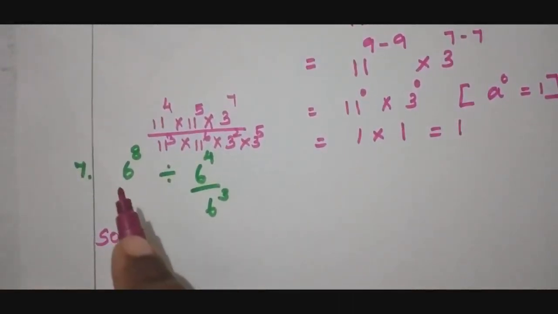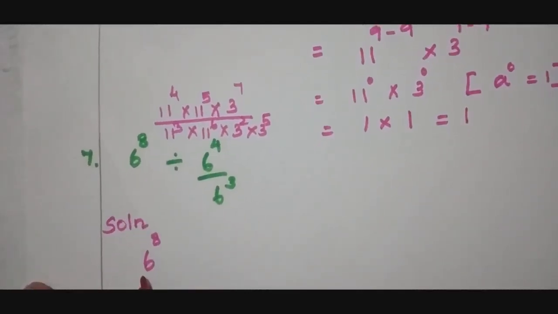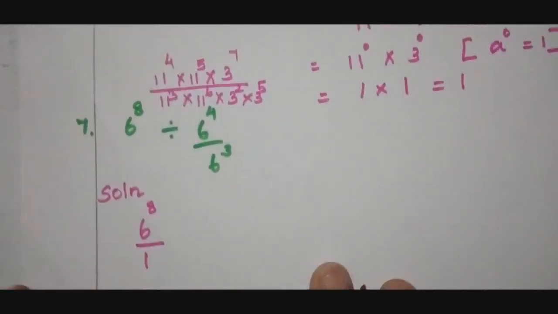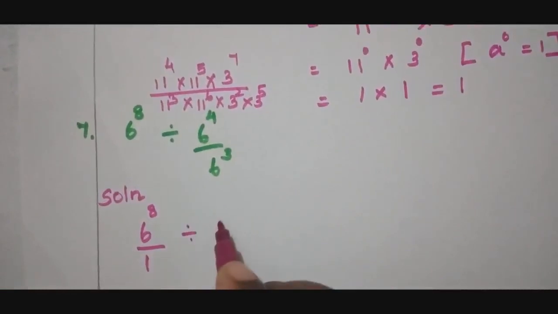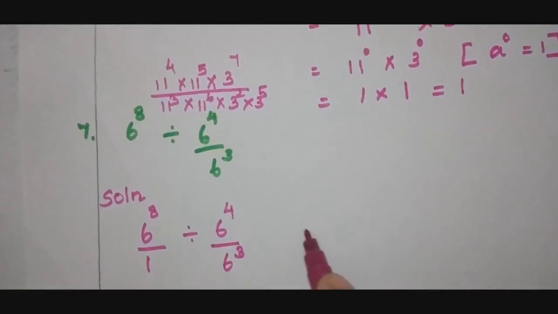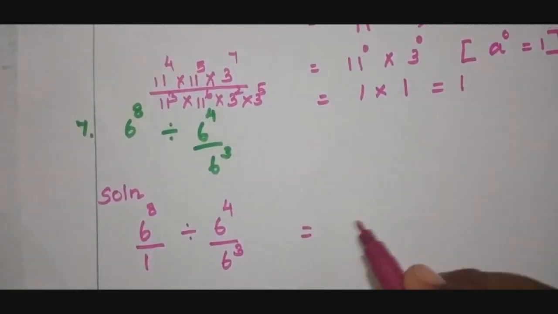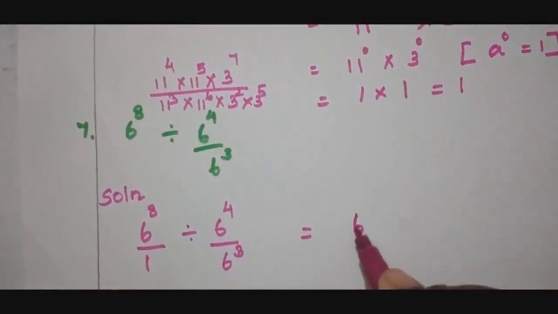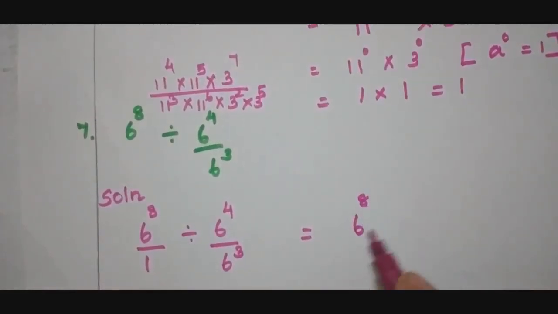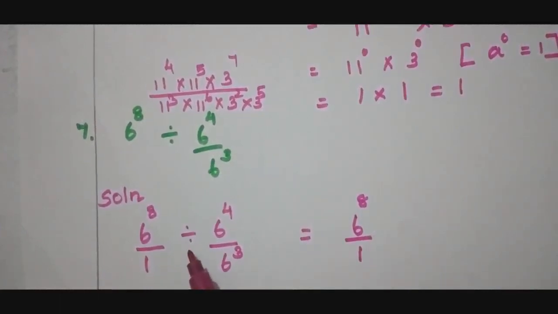Here in the question they didn't give any denominator, so you can take this as 1 divided by 6 power 4 by 6 power 3, which is equal to 6 power 8 by 1. So I am changing this division symbol into multiplication. So you should write the reciprocal of this one. 6 power 4 divided by 6 power 3.